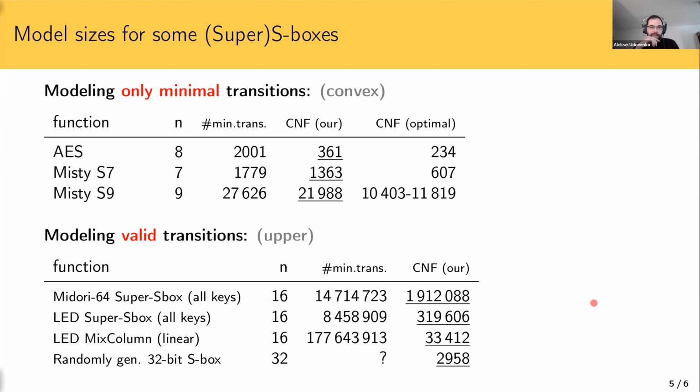Yes, it can be, but it's not very direct. For example, we can look at LED's linear layer. It's linear, so it's not algebraically complex. It has degree 1, and it has very compact representation here. So in this way, you cannot say it's very weak, while it's weak because it's linear.